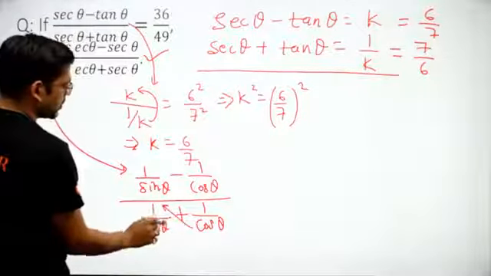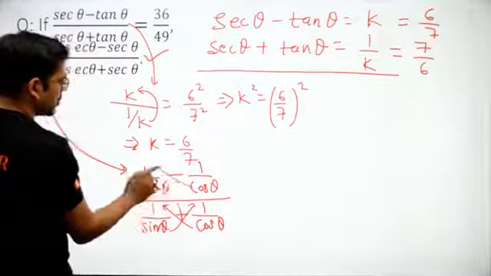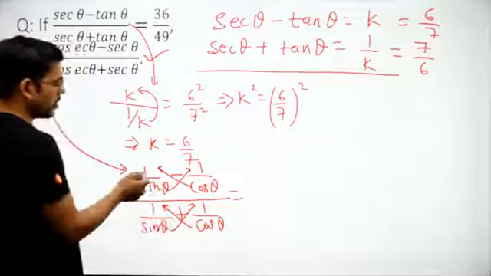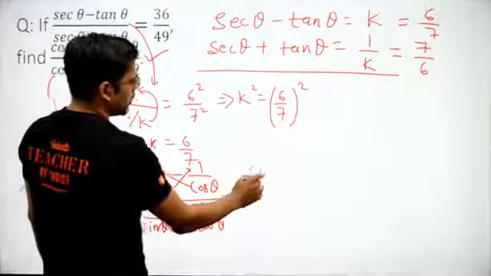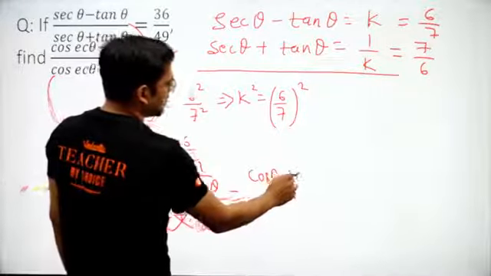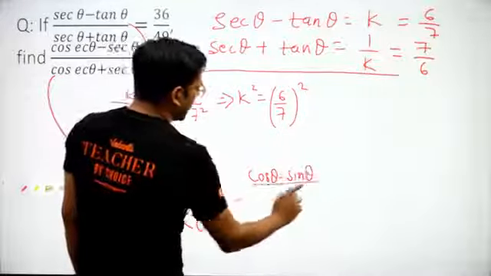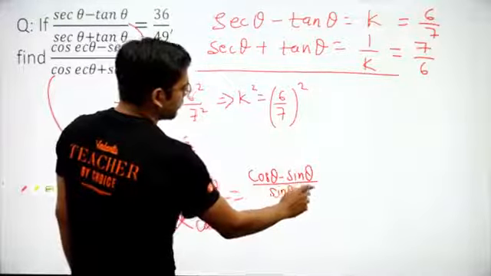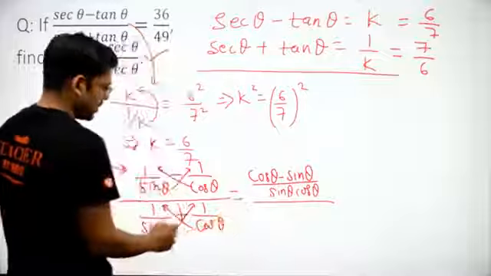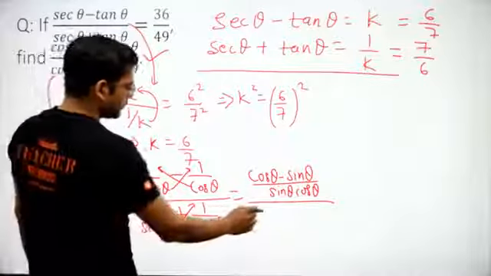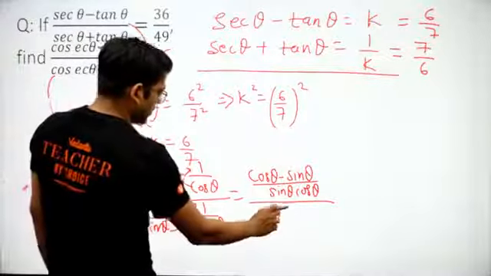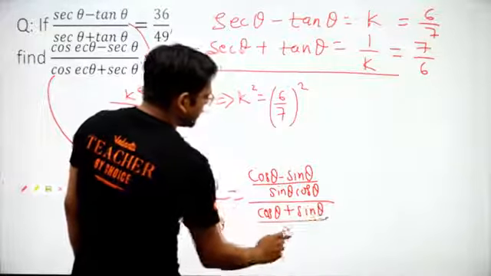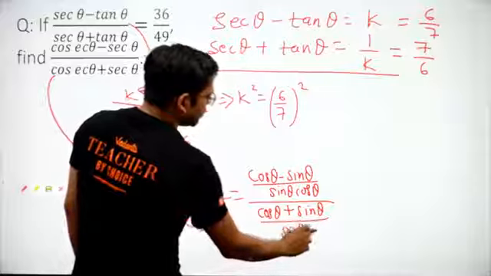Now this cos will go here, this sin will go here, again cos here and sin here. By doing cross multiplication, this will be cos theta minus sin theta divided by sin theta into cos theta, whole divided by cos theta plus sin theta divided by sin theta into cos theta.